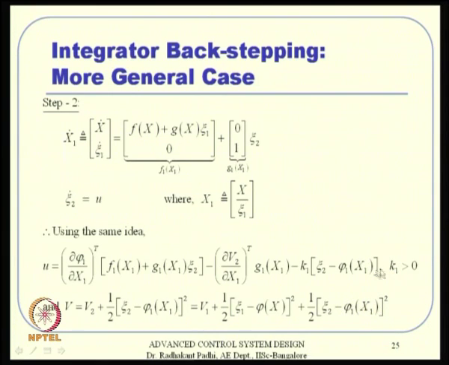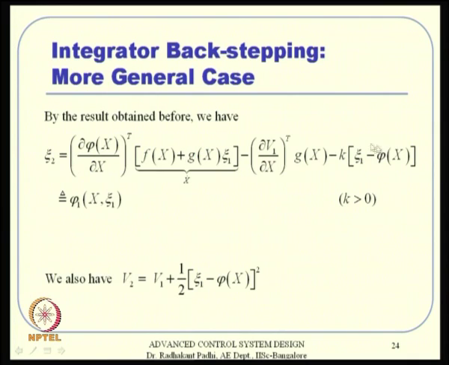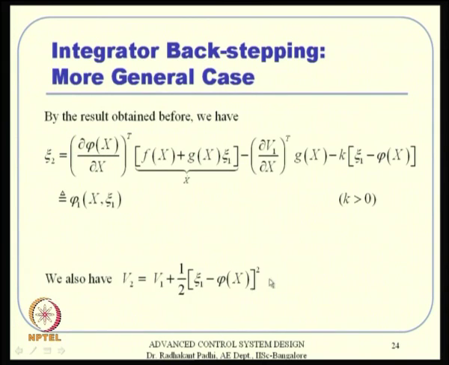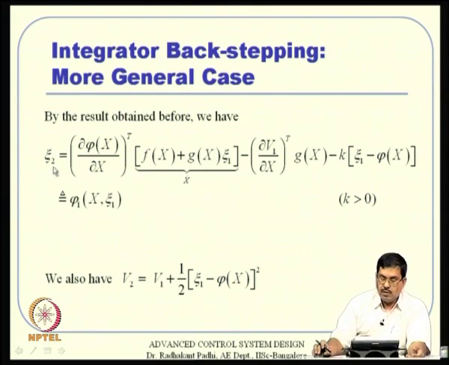The entire big expression that we operated on here, instead of x we will have to operate based on x1 dynamics, and v is to be v2 plus xi2 minus phi 1 of x1. That has to be carefully noted. This entire thing is phi 1.